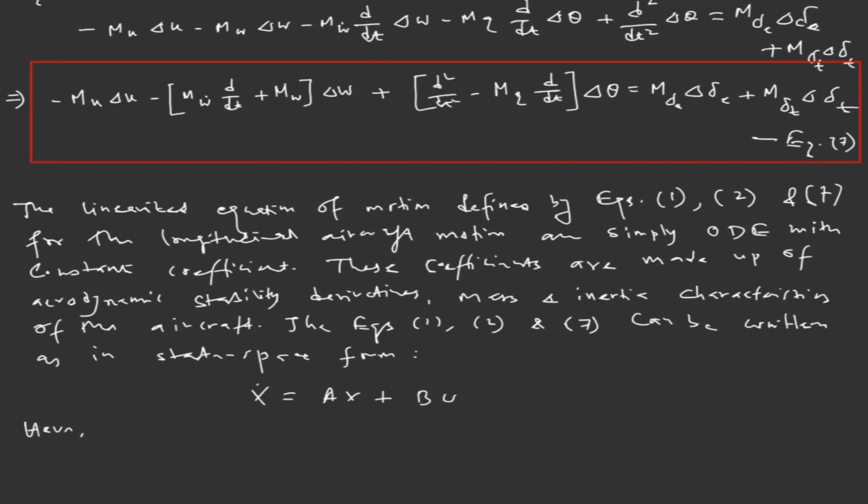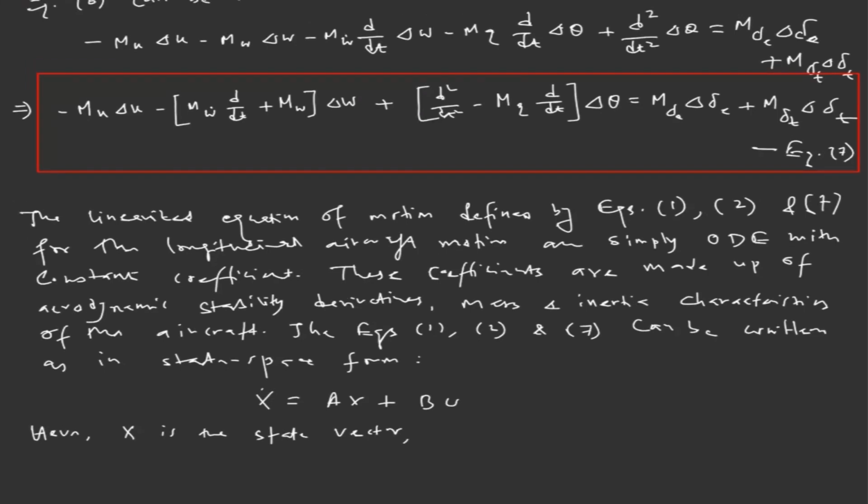Here x is the state vector and u is the control vector, which will be designed through the control algorithm, which will provide the desired control input to the system, and x can be propagated.